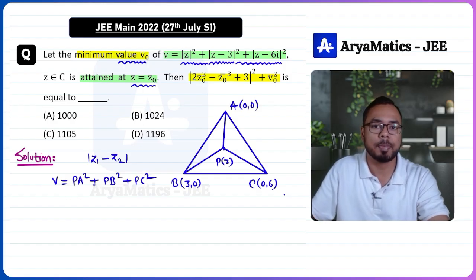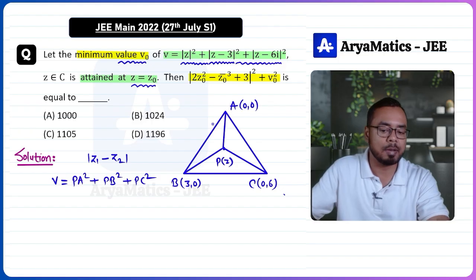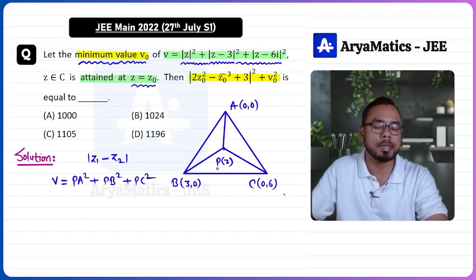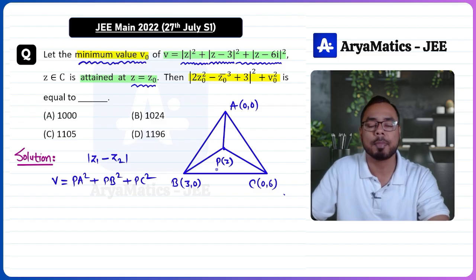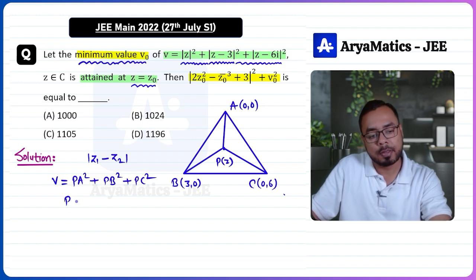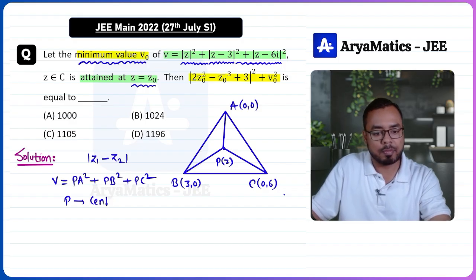Now we know that if we have 3 points A, B, C and P is a point such that PA square plus PB square plus PC square is minimum, then that point P is nothing but the centroid of the triangle. So that means here V will become minimum if P is the centroid of this triangle, and from there we can get the value of z naught.